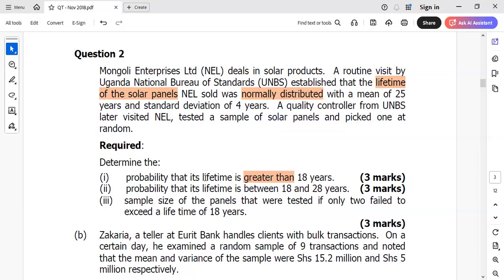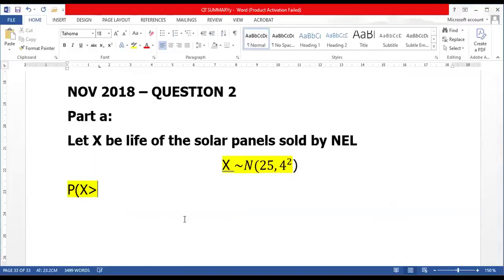The probability that its life is greater than what? Greater than 18. Which sign can I use? Is greater than 18. This is the probability that we need.